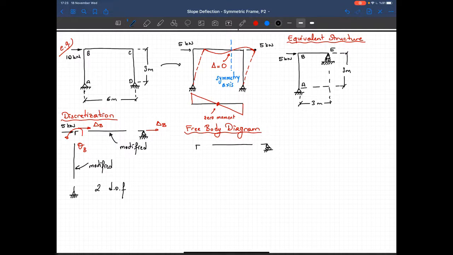A roller support here, column, and applied loading is a nodal load this time, and magnitude is 5 kilonewtons. I got MBC here, and I got MBA here, and the shear force is VBA.